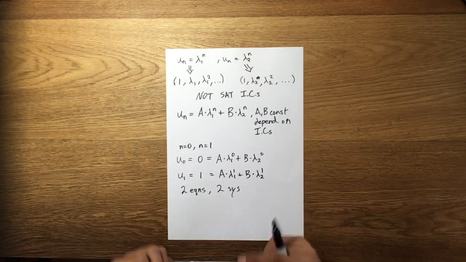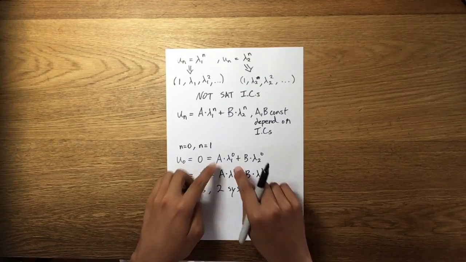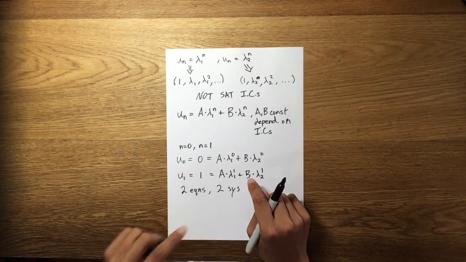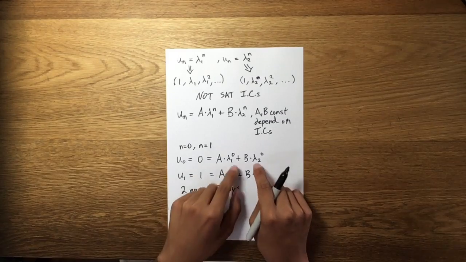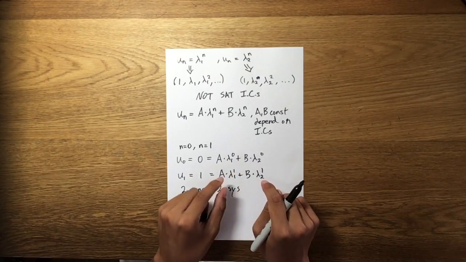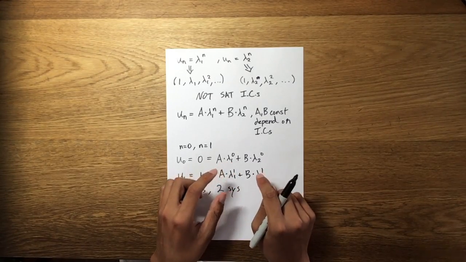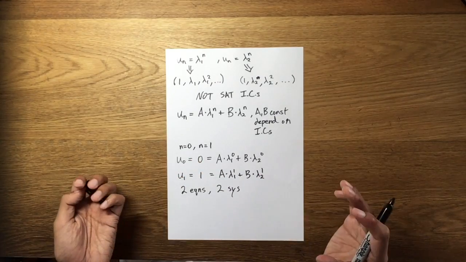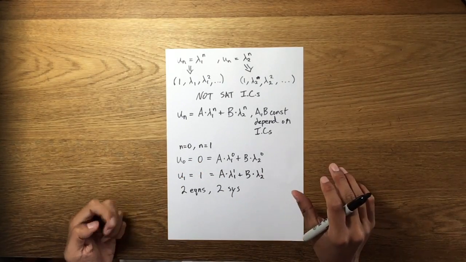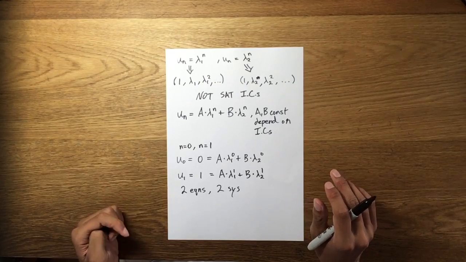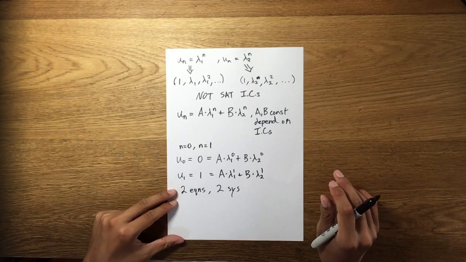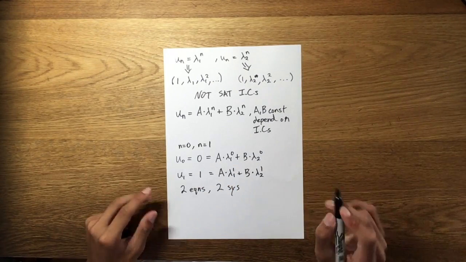So this raises a whole host of questions, like how are these coefficients a and b related to the initial conditions? Or is there a case where lambda 1 and lambda 2 are such that we get no solution for a particular set of initial conditions? Well, these are interesting questions that I'm not really going to look at.